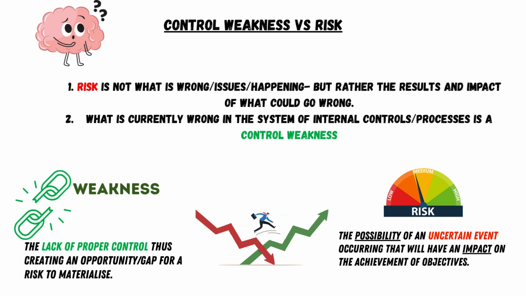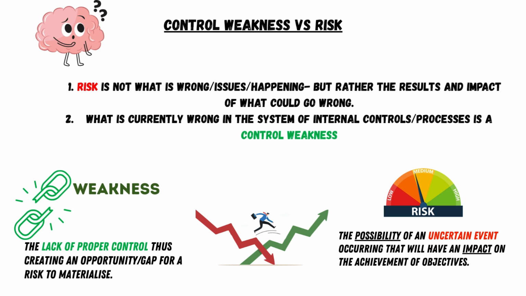But a risk is as a result of those weaknesses. If those weaknesses are not closed, they open up an opportunity or a gap for a risk to materialize, which is why here I've stated that a risk is not what is wrong, but what could go wrong. A control weakness is not what could go wrong, that is a risk, but rather what is currently wrong or taking place.